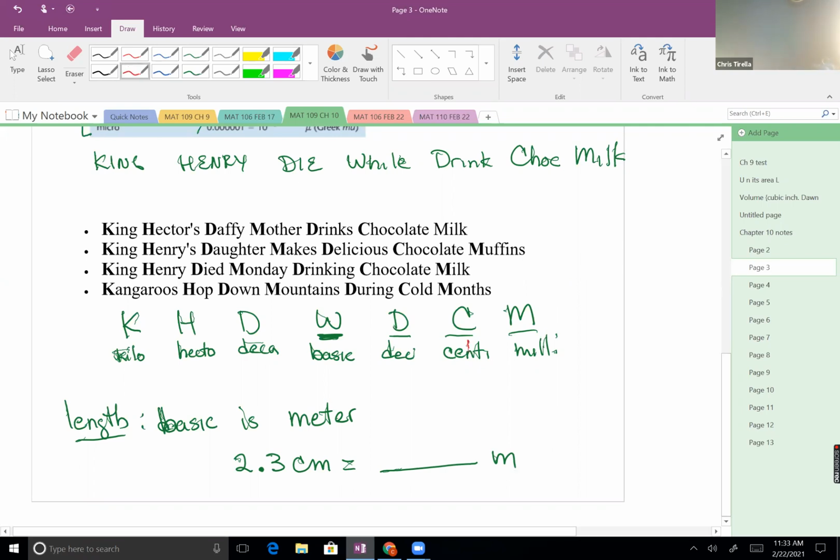And when I'm going from centimeters to the basic unit meters, I'm moving over 2 places, 2 powers of 10. And so I would say, okay, that means I'm moving my decimal point 2 places, and I get 0.023 meters.